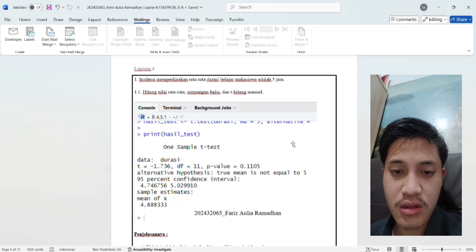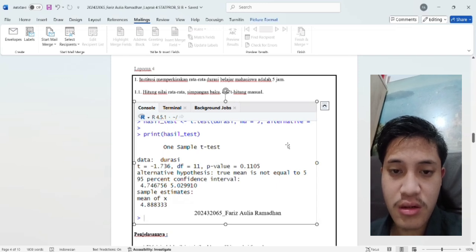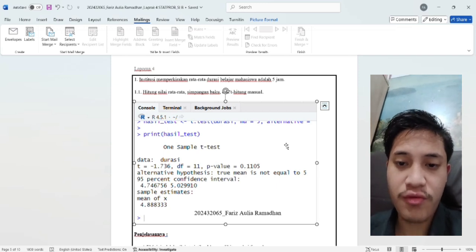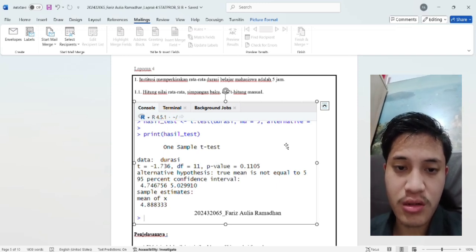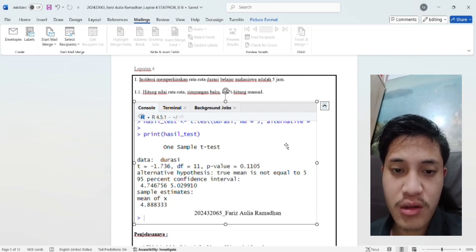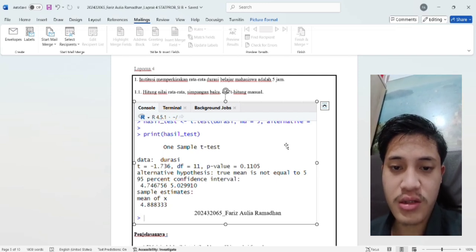This is the 95% confidence interval for the population mean. Since the value 5 is within this interval, there is insufficient evidence to reject H0.